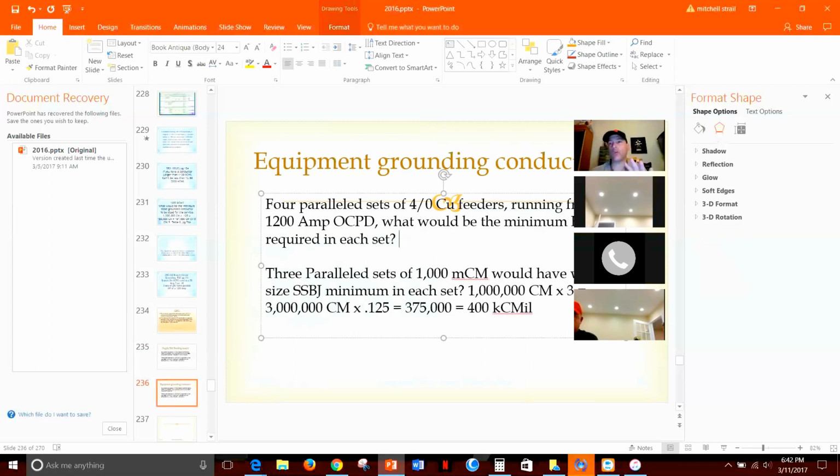So again, you don't worry about the wire size. You look straight at that 1,200 amp breaker. Go to the table on page 131, and what's it say on a 1,200 amp breaker on copper? 3-aught copper conductor. And there'd be one full 3-aught size in each parallel set. So I'd have 4 3-aught EGCs. Make sense? Yep. All right.